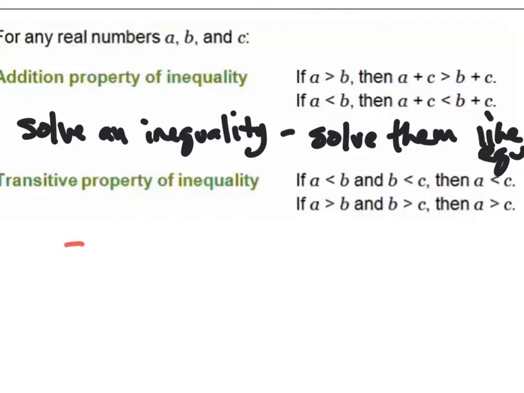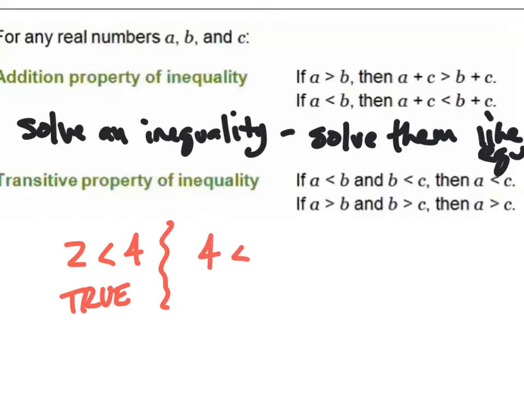Let's say that you have the number 2. 2 is less than what? Give me a number. 4. Doesn't matter. You have that statement. That's a true statement. What if you said that 4 is less than what number? 4 is less than 6.